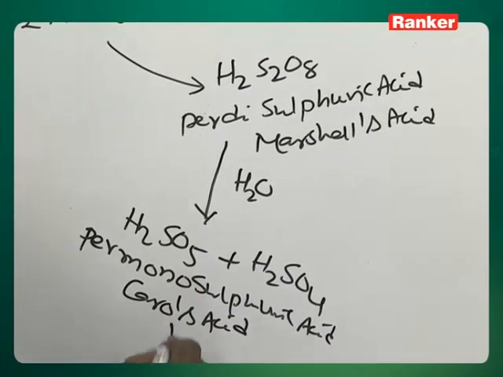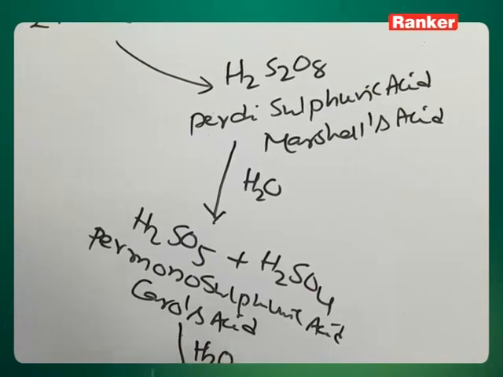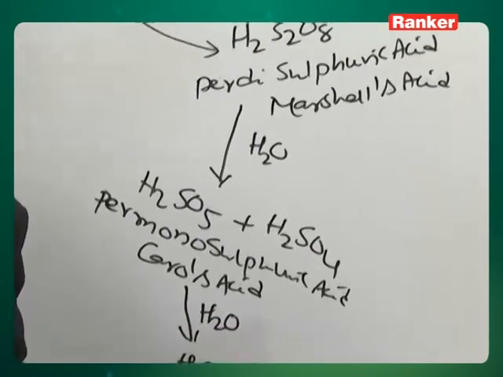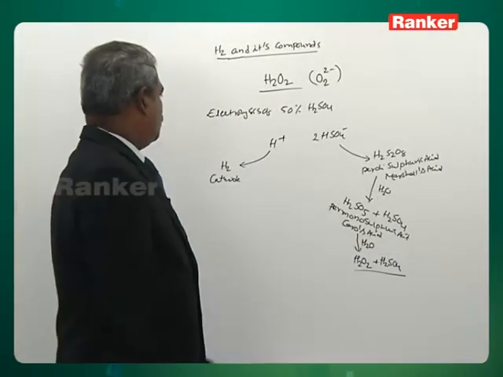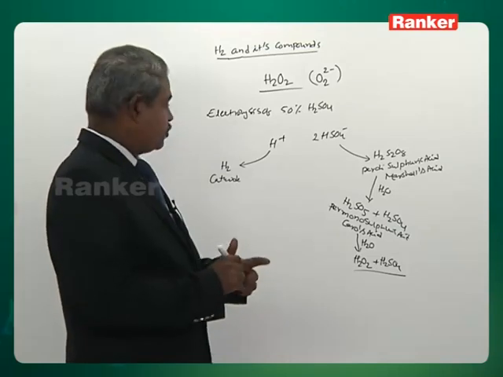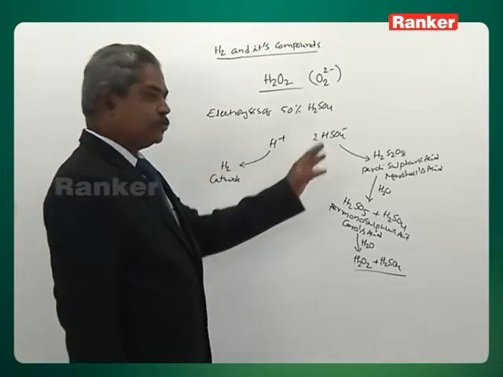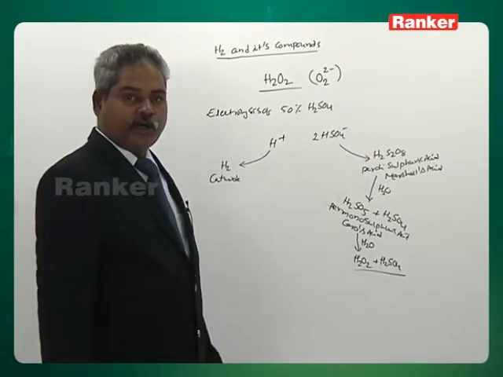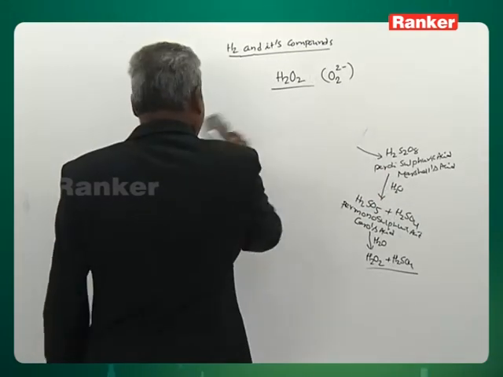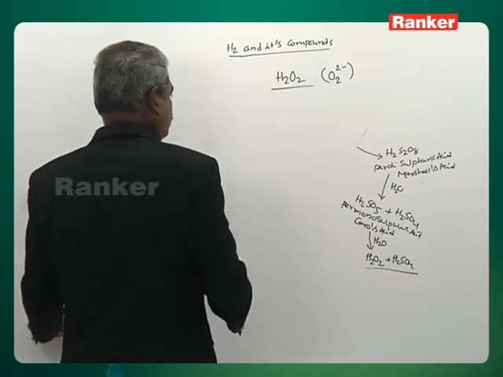And when you add more water to this, you will get H2O2 plus H2SO4 again. So, electrolysis of 50% H2SO4, H plus and HSO4 minus, will produce H2S2O8 and H2SO5.